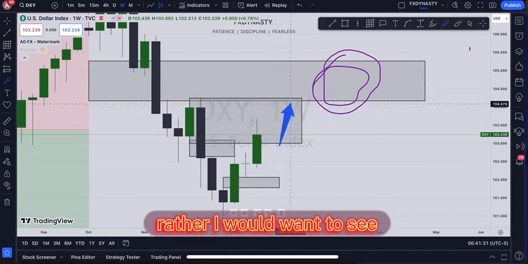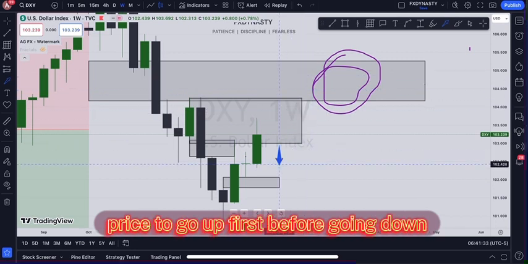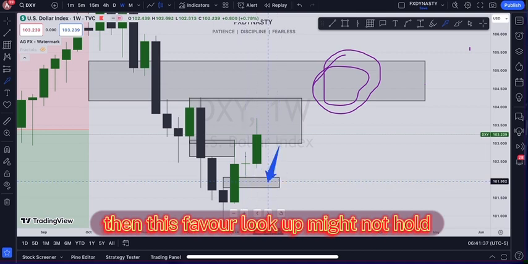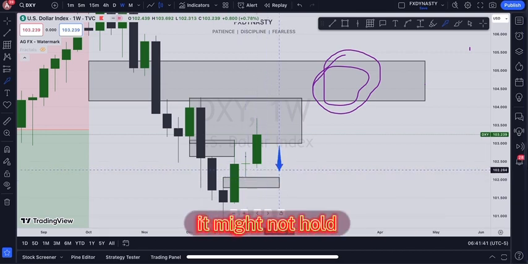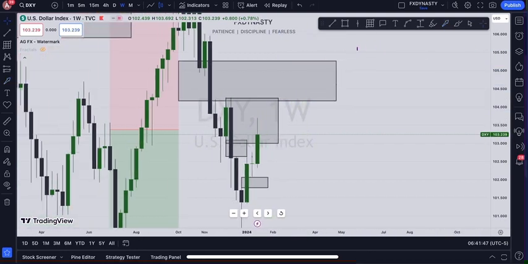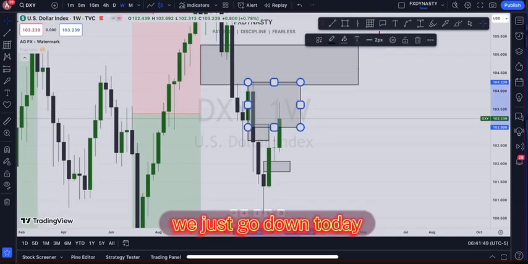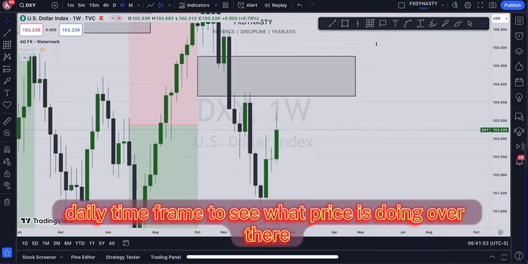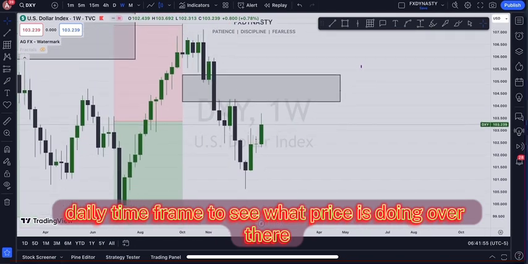Rather, I would want to see price go up first before going down. So if we go up before going down, then this fair value gap might not hold for a long time. It might not hold. So we'll just go down to the daily time frame to see what price is doing over there.